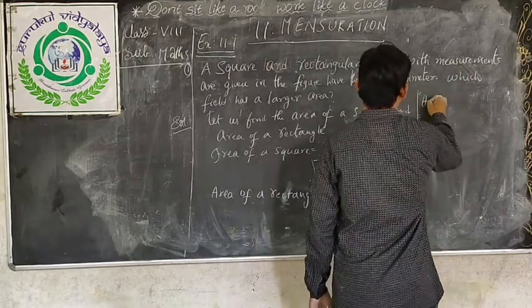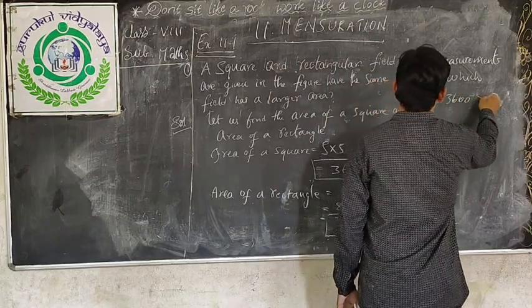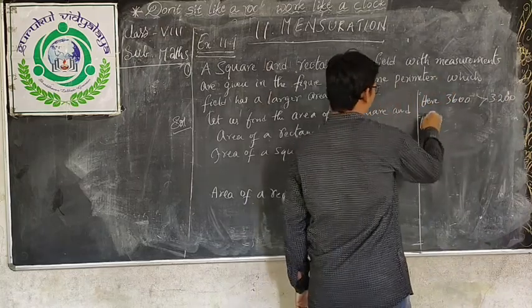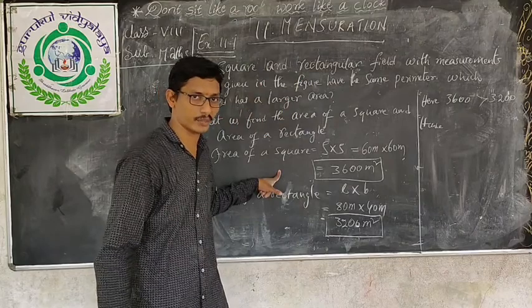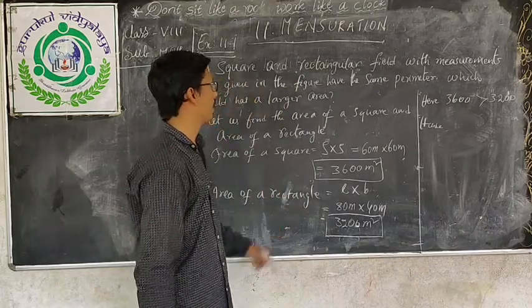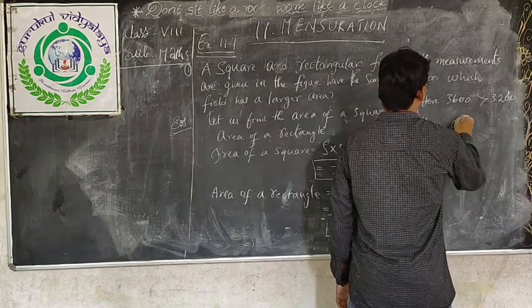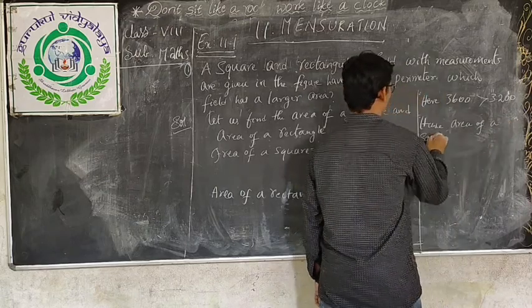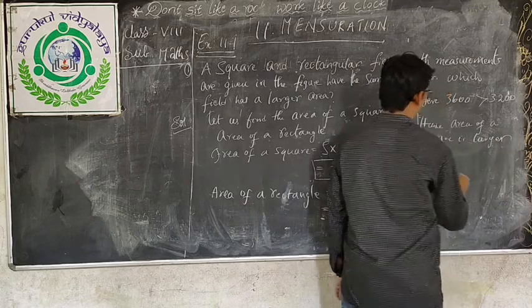Therefore, the area of the square is more than the area of the rectangle. Hence, the area of a square is larger than the area of a rectangle.